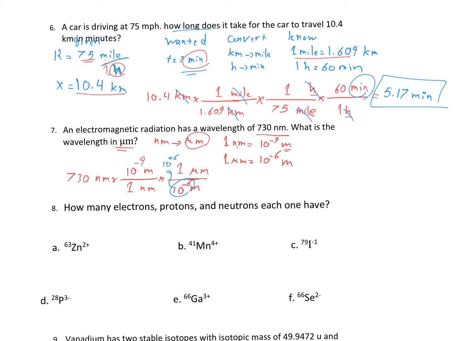So it's the same number, and if you add negative 9 and 6, it's negative 3. And what's the unit? Micrometer, or you can say 0.73 micrometer.